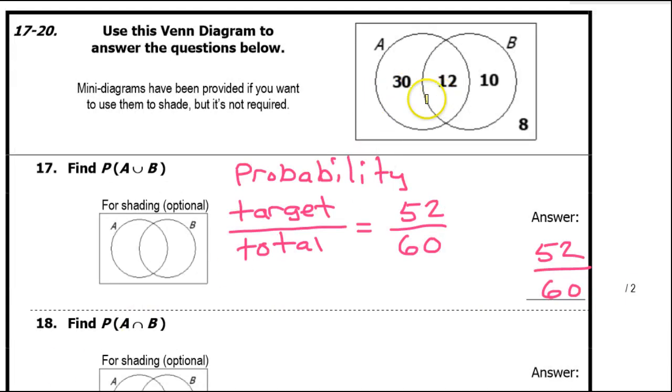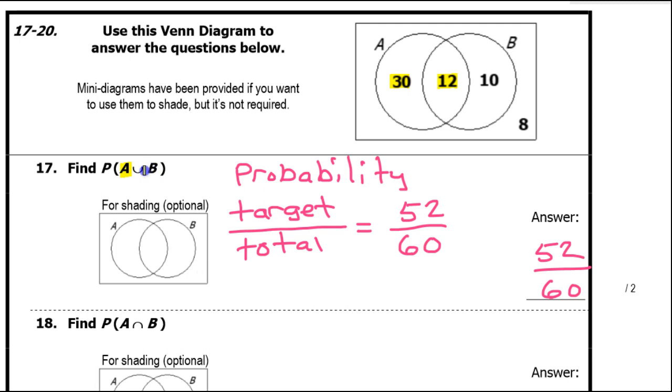You probably wouldn't need it for such a simple problem as this, but let me go ahead and show you the other way I was talking about. For all of these and or problems, you can simply start with the first set, which in this case is A, highlight all of those numbers, and then if it's and, you would erase some of these and make it less because of whatever B says. If it's or, you're going to add on more because of whatever B says.